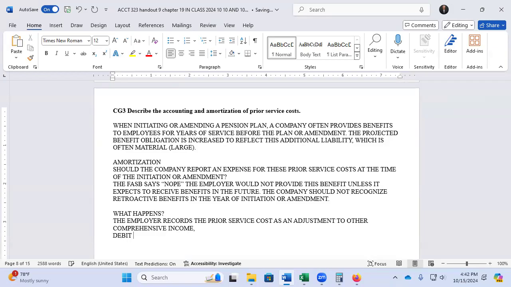So you debit other comprehensive income for prior service cost. And you credit projected benefit obligation.